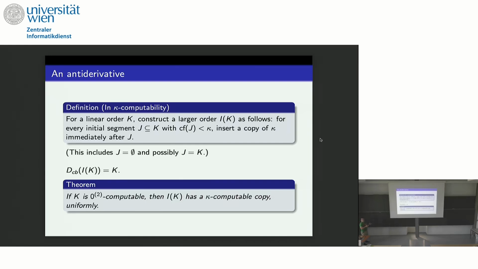So remember, the derivative is a substructure, so the antiderivative should be a superstructure. I'm just adding more points. This includes inserting one at the very beginning for the empty initial segment, and if the linear order has small cofinality, then I'll also stick one at the end.